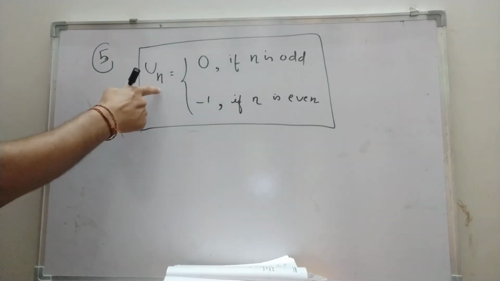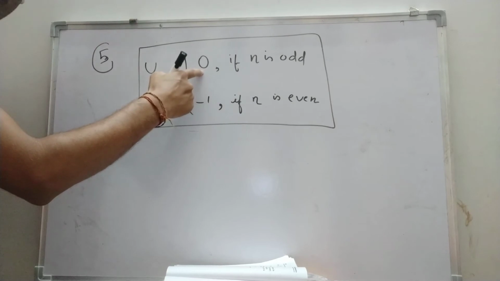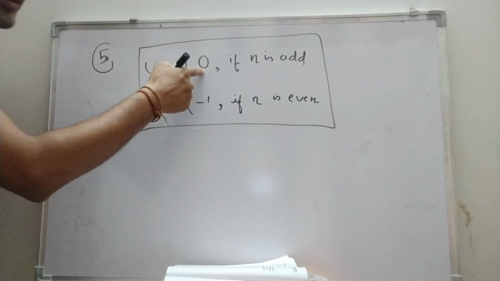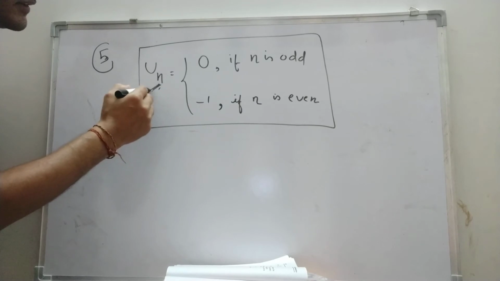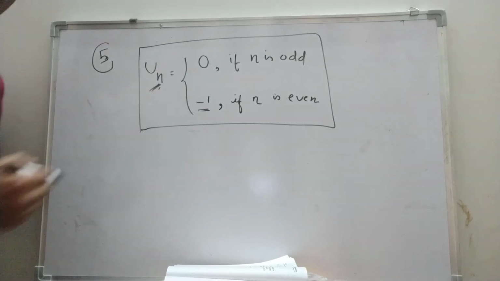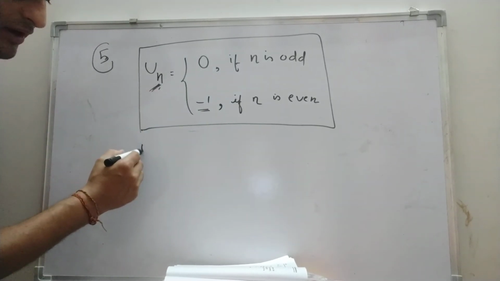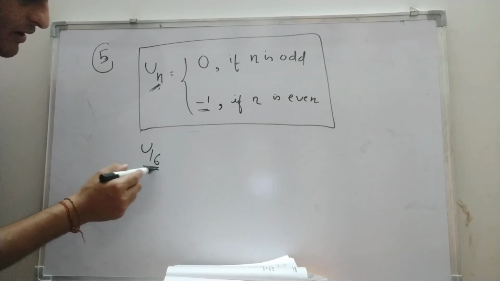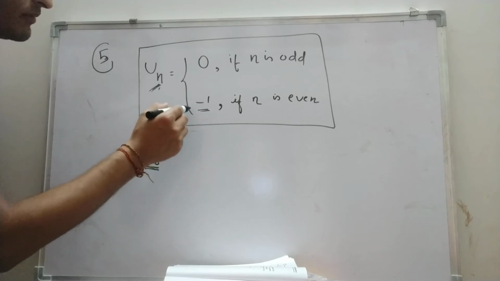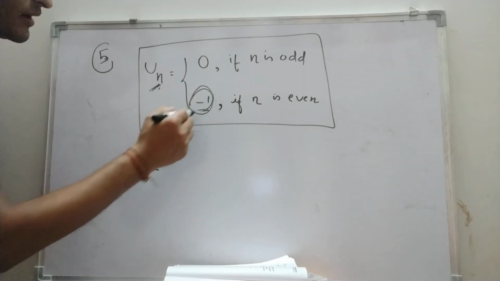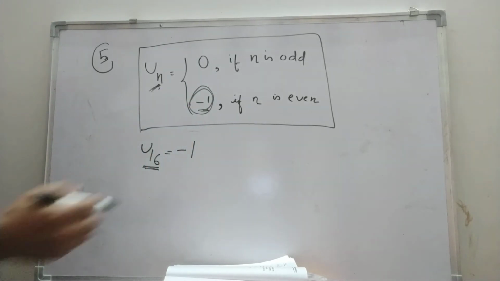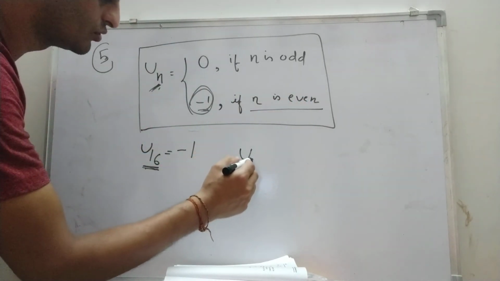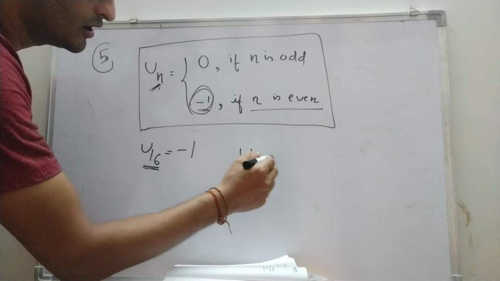Try to understand. If n value is odd, its value is 0. And if n value is even, its value is -1. So here we are asked to find the value of u16. Look, u16 means n value is even. If n value is even, our value will be -1. Then we are asked to find u25.